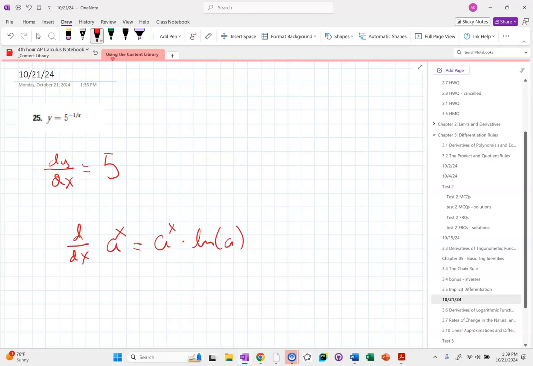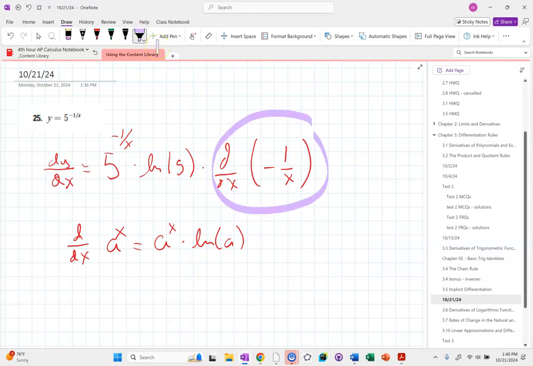So I'm going to have 5 to the inside function times the natural log of 5, and then times the derivative of the inside function. Okay, there. That's my chain rule.